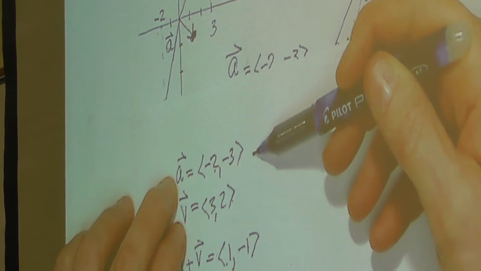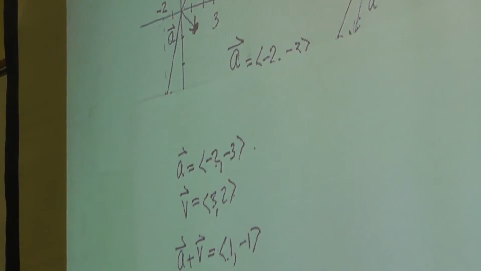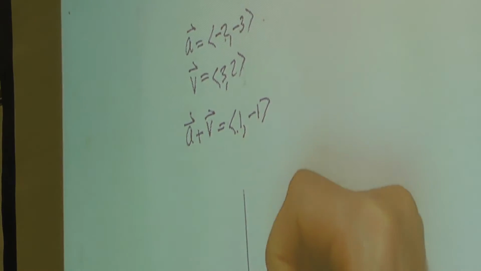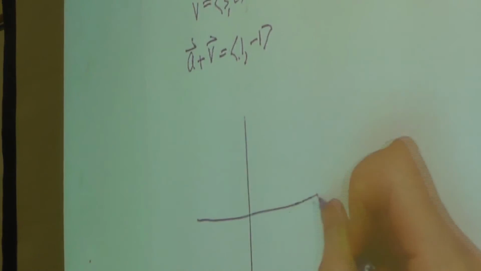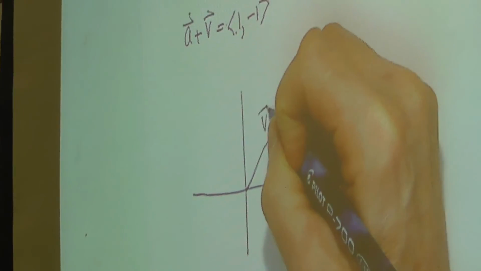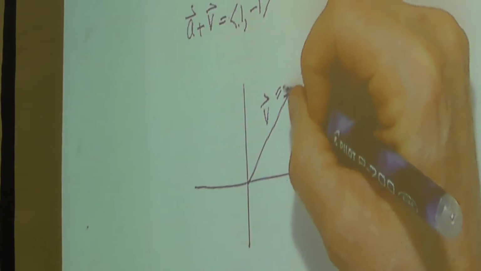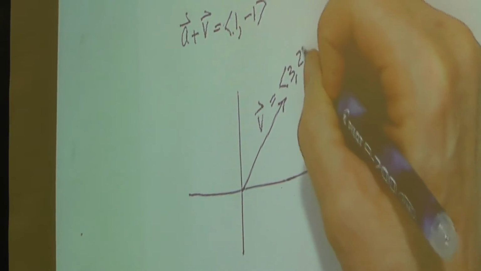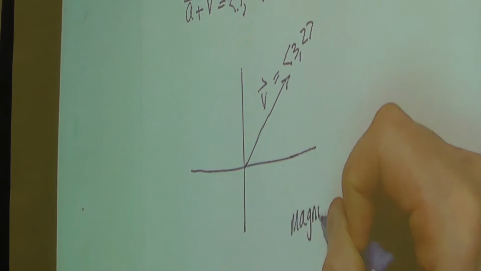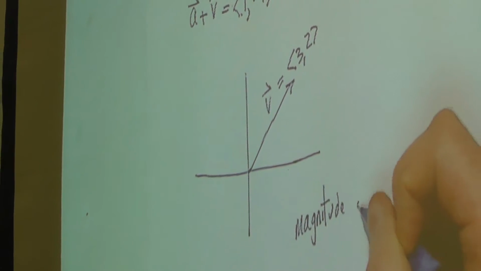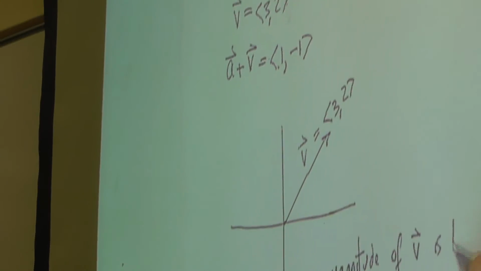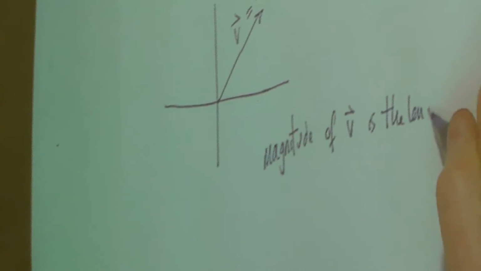Okay? Now the other thing I can do here is I draw this vector 3, 2. So this is V, which is 3, 2. And I say that the magnitude of V is the length of that arrow.